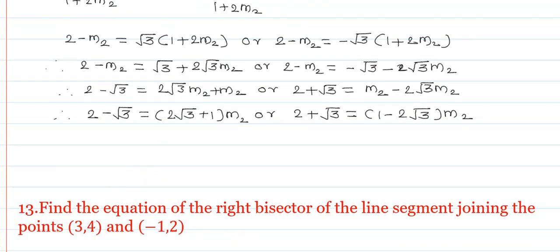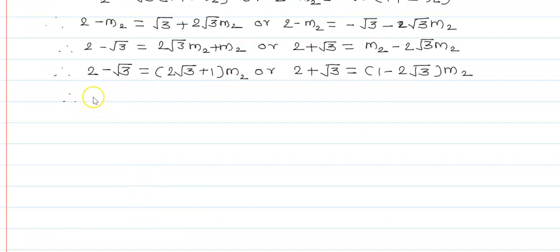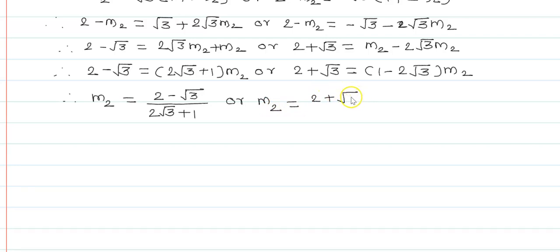Now we'll find out the, therefore here m2 is equals to 2 minus root 3 upon 2 root 3 plus 1, or m2 is equals to 2 plus root 3 upon 1 minus 2 root 3. Okay, these are the slopes.